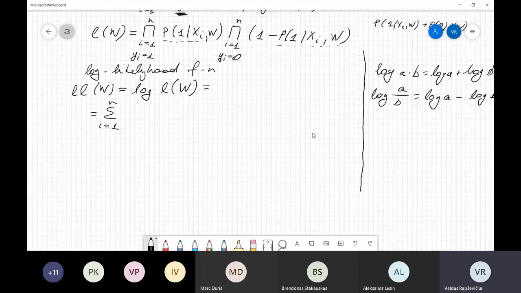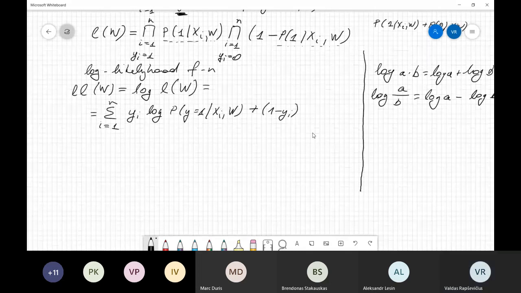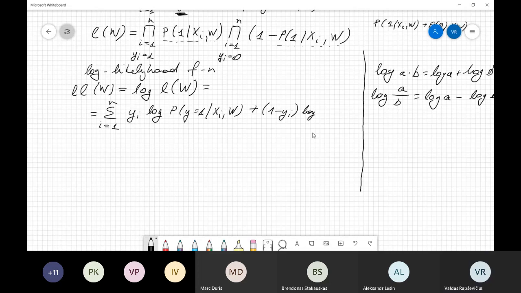Now we have got rid of these products, and we take yi times log p of y equals 1 given xi and w, plus, now that we are in the summation and do not have any products anymore, plus 1 minus yi, and again log of 1 minus the probability of being 1 given xi and w.